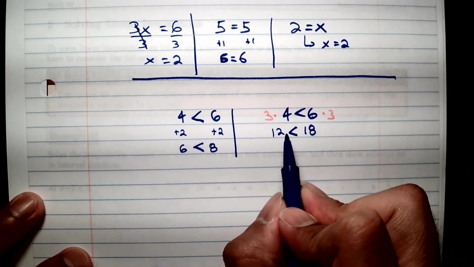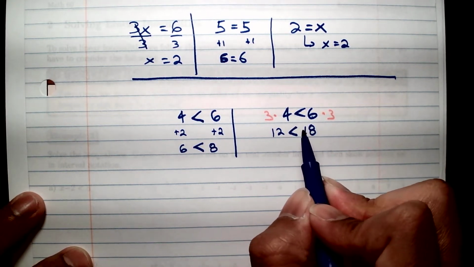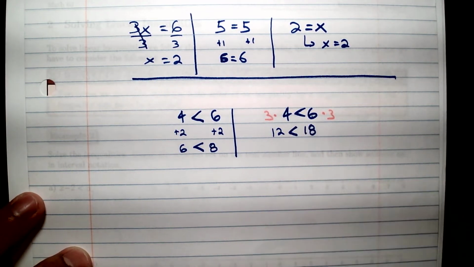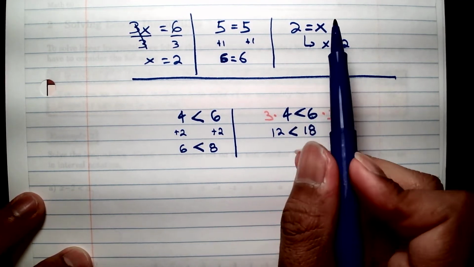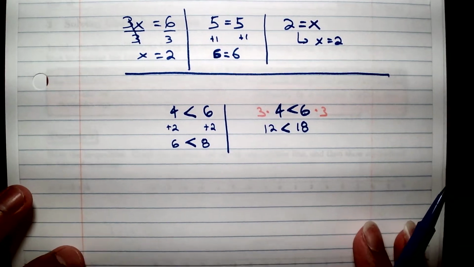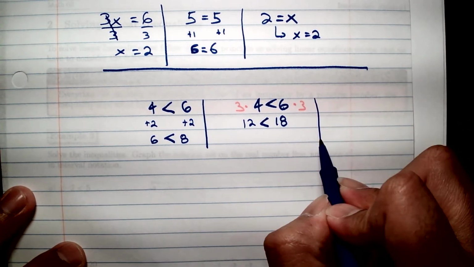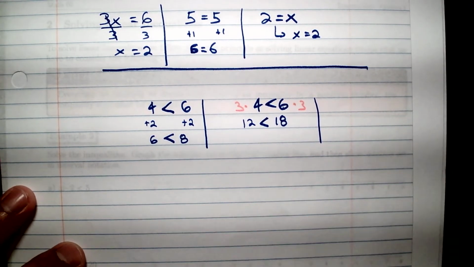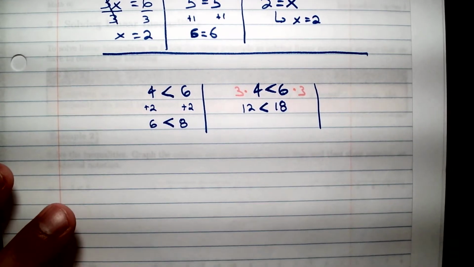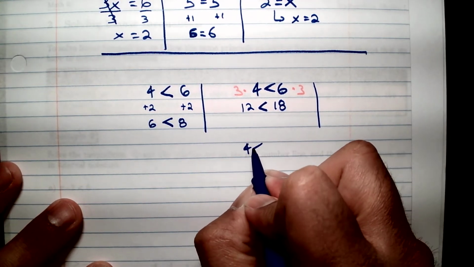Does the inequality still hold true? Of course, because 12 is indeed less than 18. Hopefully up to this point there's nothing new. You have seen all of this before. But what about multiplying both sides of an inequality by a negative number? I'm going to take the same example, 4 less than 6.